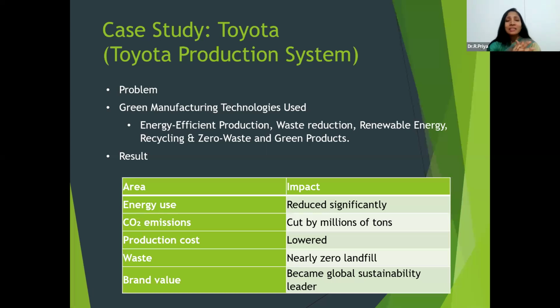So the result is that energy use is significantly reduced, CO2 emissions are cut by millions of tons, production cost is lowered, waste is nearly zero landfill, and brand value becomes that of a global sustainability leader.